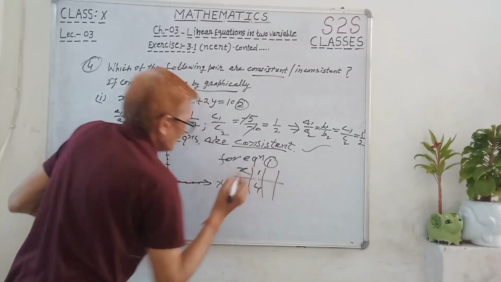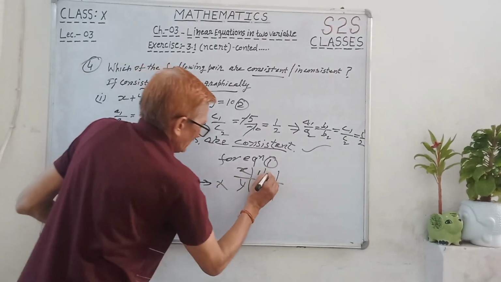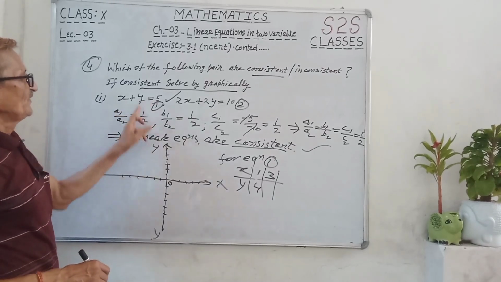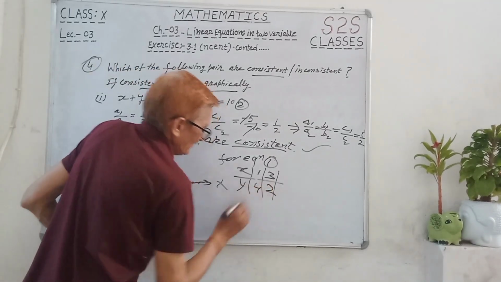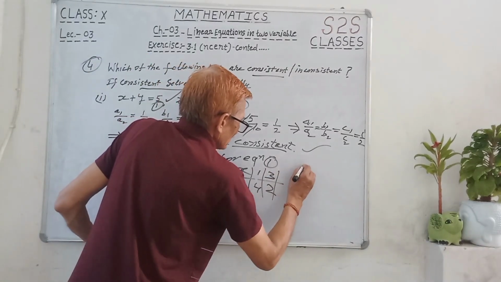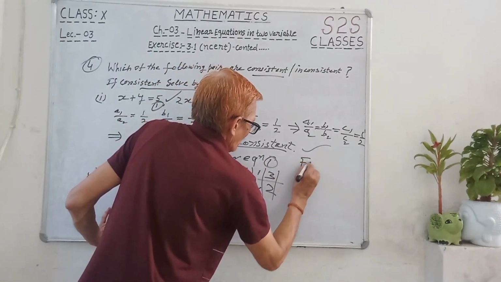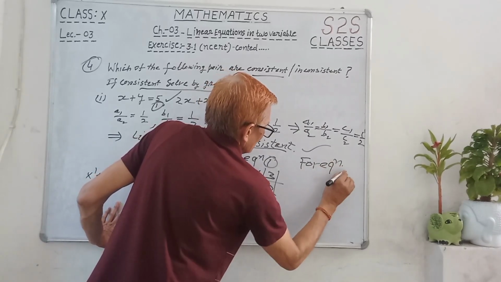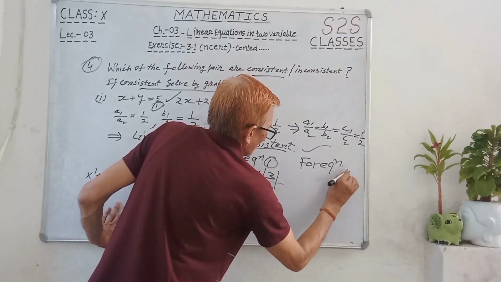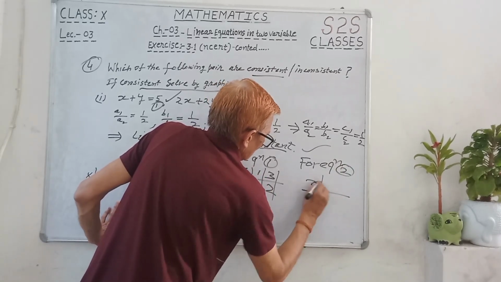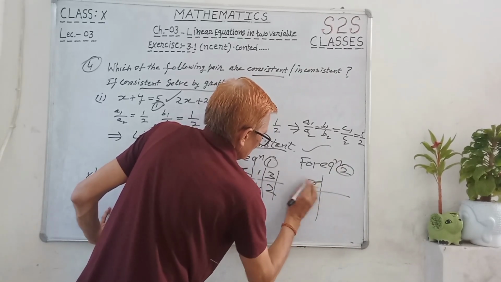If x is 3, so y is 5 minus 3, 2. Make the table. This is first. And for the second equation also, make a table of x, y.